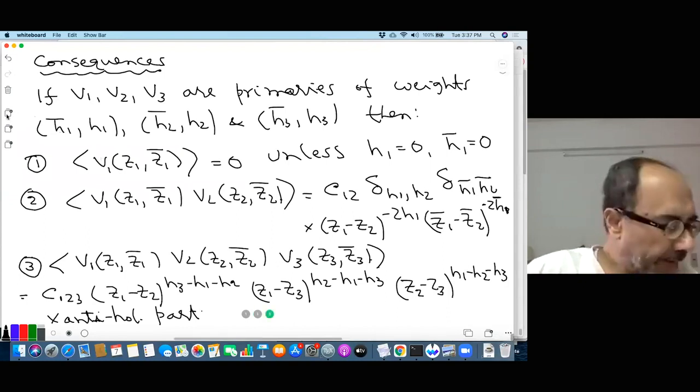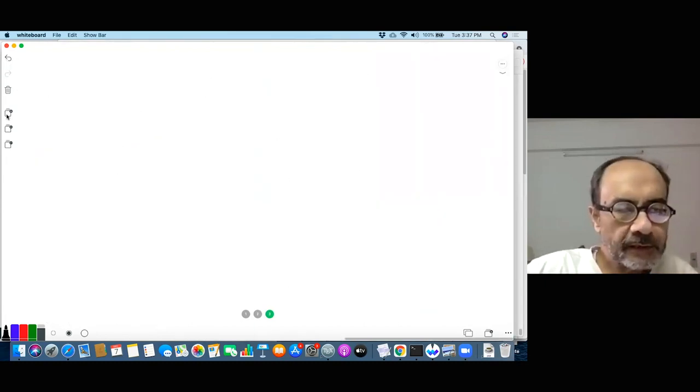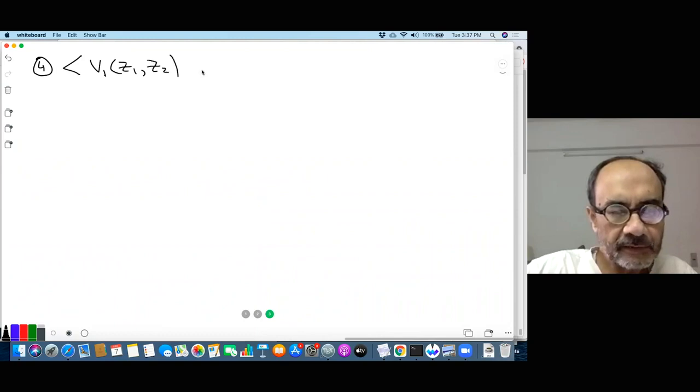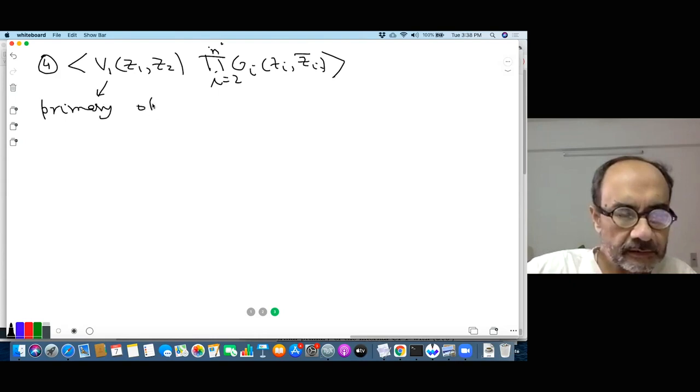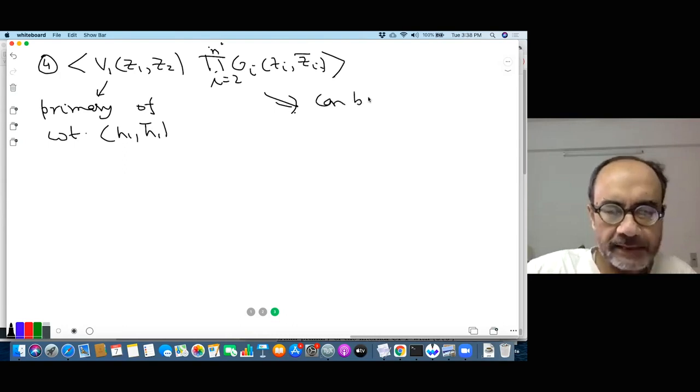There is one more relation which is very useful. Suppose we have a correlation function of the following form, where V1 is primary of weight H1, H1 bar, but the others are not necessarily primary, can be anything.